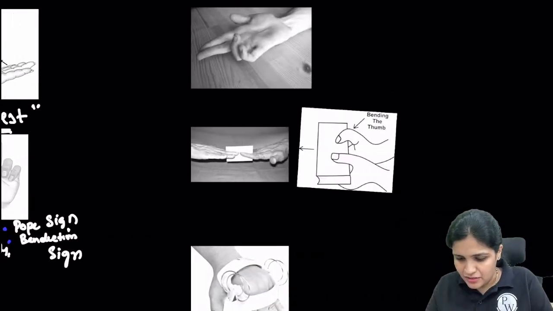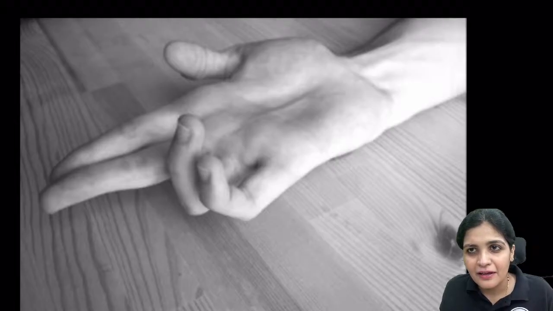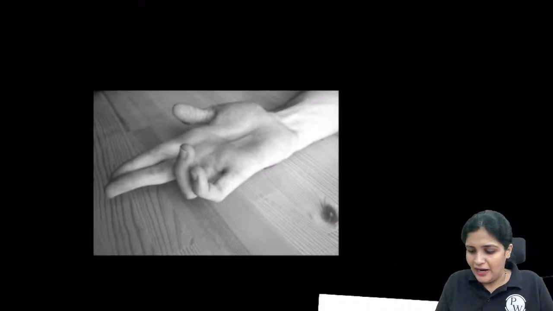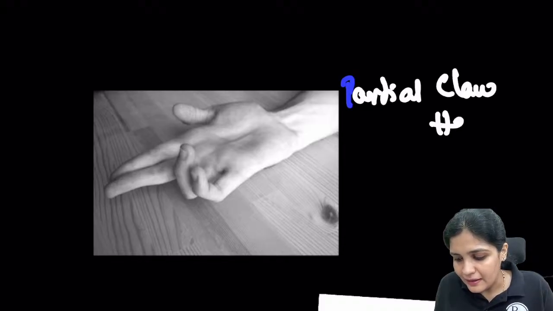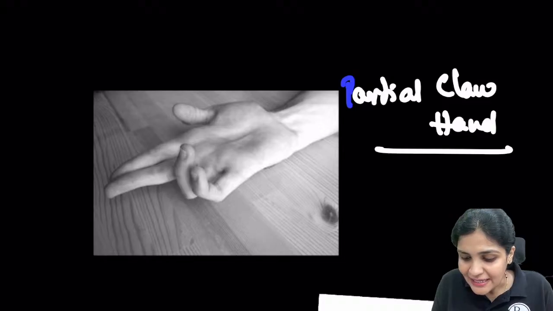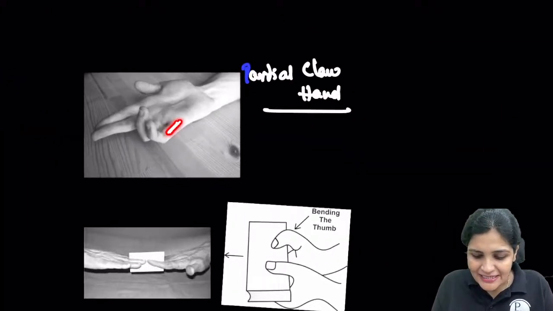Now I'll show you the claw hand. So this is what? Partial claw. Yes, this is partial claw hand. So how are you telling this is partial claw hand? Yes, you can see there is hyperextension of the MCP and flexion of the IP.